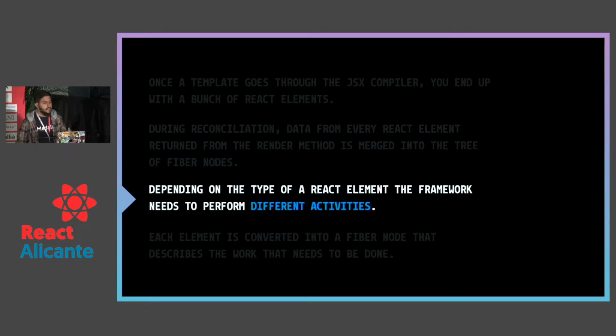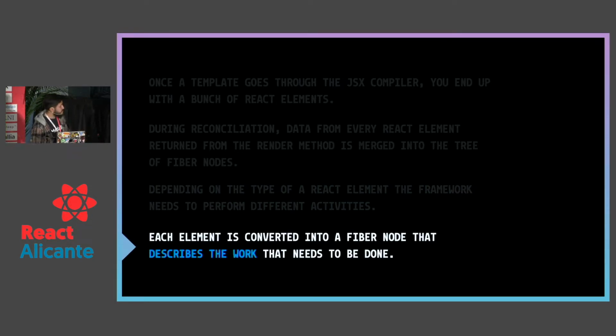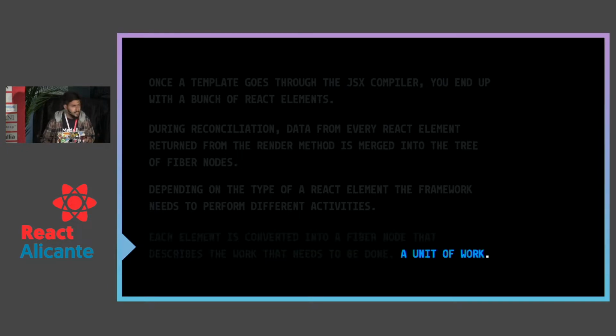And of course, depending on the type of the element, React under the hood needs to perform different work. So if that is a class, it's going to do some work. If that's a function component, it's going to do something. If that's a portal or a suspense component, and so on and so on. And then each element is converted into this fiber node that is going to describe exactly what React needs to do. So that's why we can think of them as units of work.